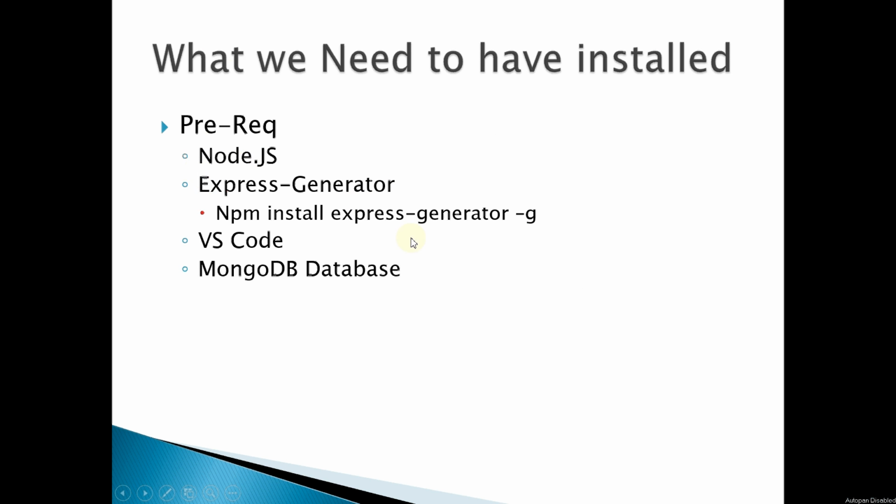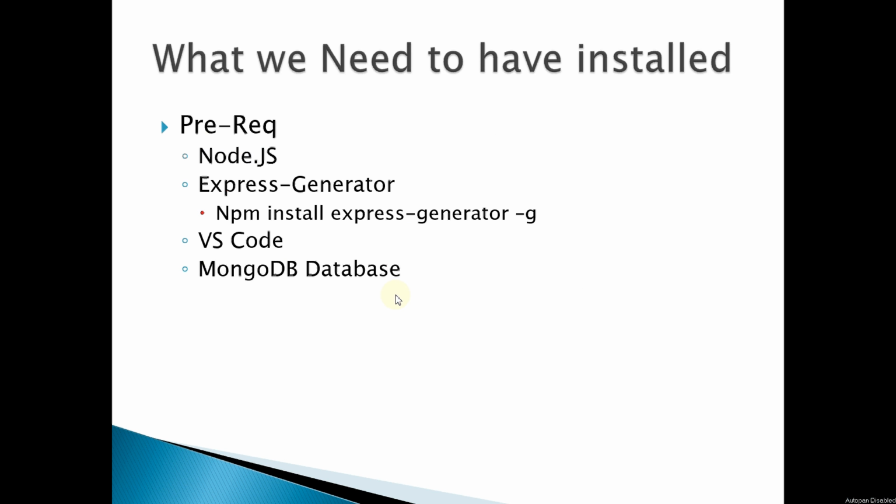You can install it globally, npm install express-generator -g. If you have any issue in installing globally, you can do it locally also. You need VS Code, and you need MongoDB database.